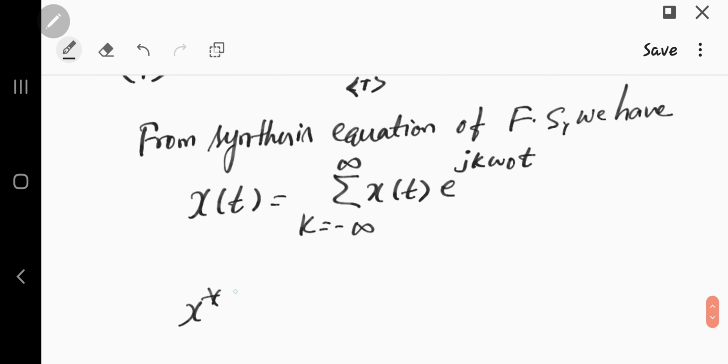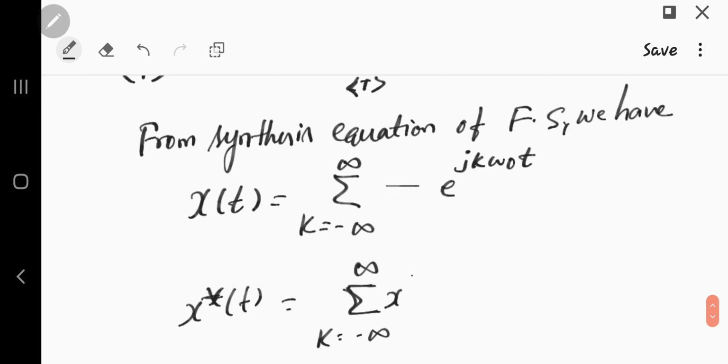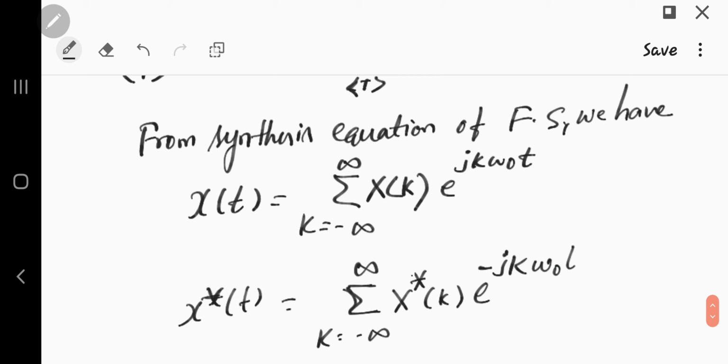Now if we take the complex conjugate of this, x star of t, we can write k equals minus infinity to plus infinity x star of k e power minus j k omega naught t.